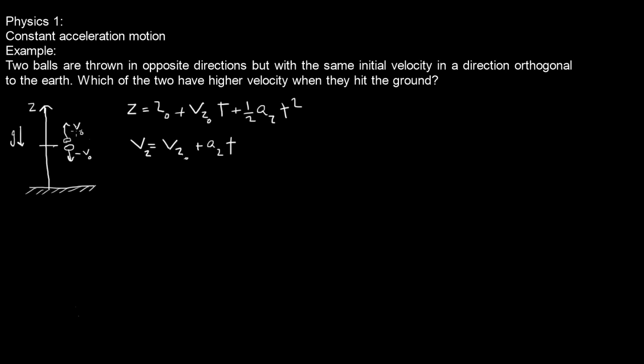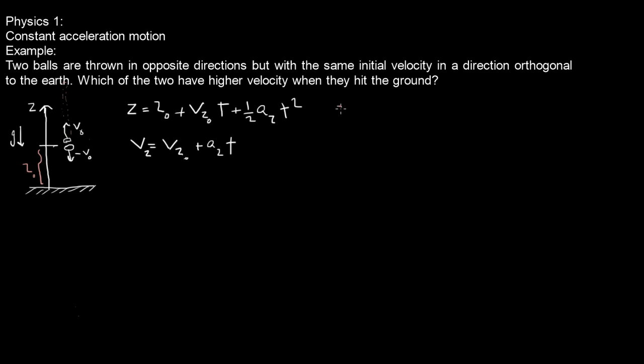Let's focus on the particle thrown upward. It goes all the way up and then goes all the way back down to arrive at the same point, and then continues to move toward the surface. But we know that when it goes back down here, Z is equal to Z0 because this distance is already Z0.